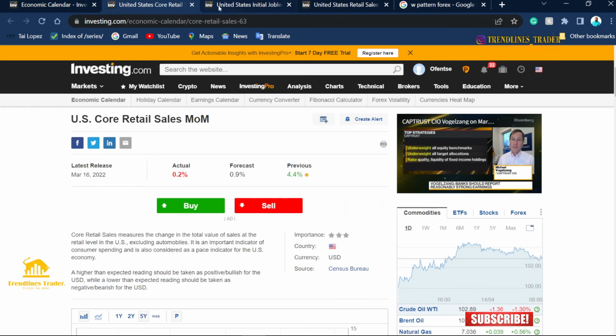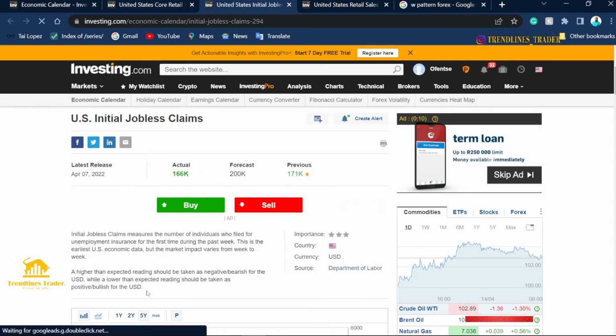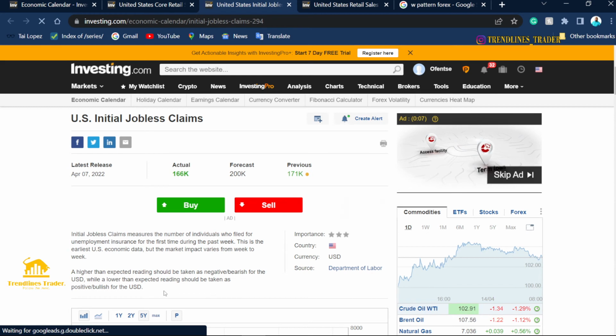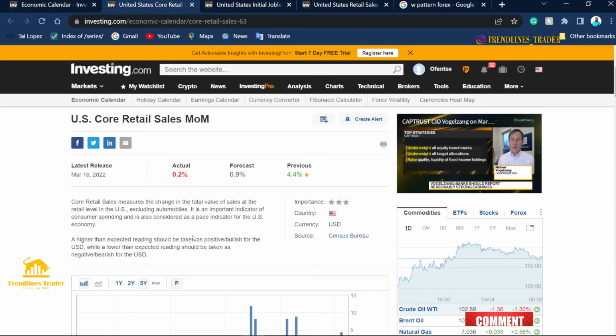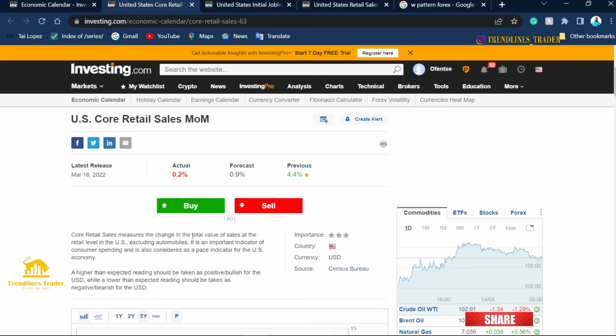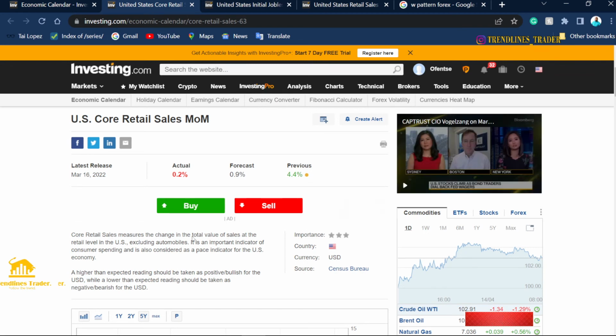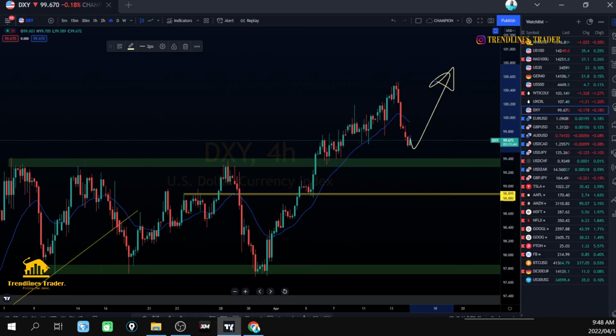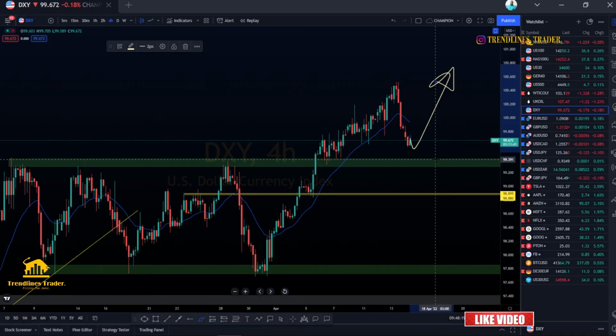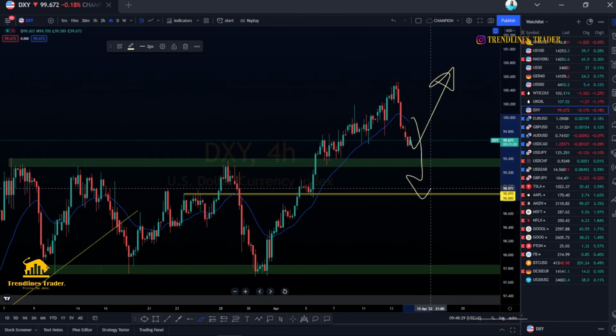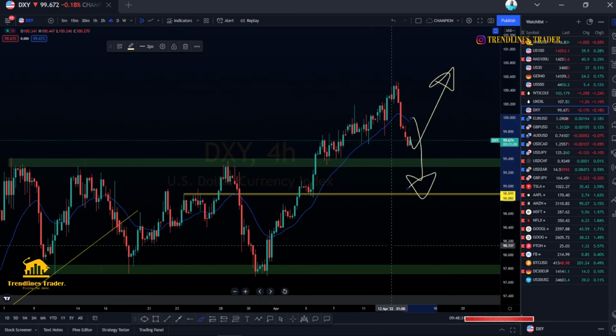The jobless claims says the lower than expected should be taken as positive, but retail sales says the lower than expected should be taken as negative. Clearly this says should be taken as negative, which is bearish. If we have the lower than expected, the price is gonna continue pushing, which is your DXY.